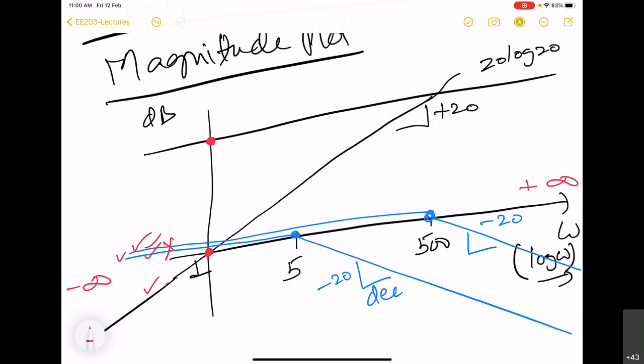And so on this side, the curve will be like this, because we have a constant here, and this 0 at origin decreases below this value. So on the left side of omega equal to 1, we will have a curve like this coming from minus infinity. Right.